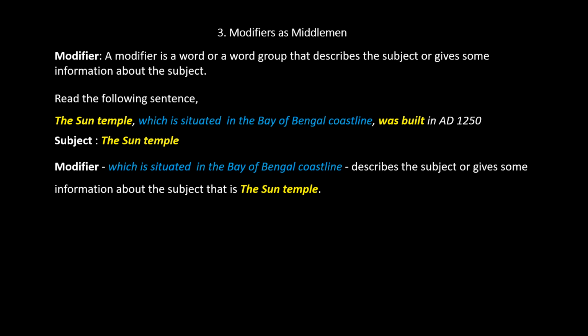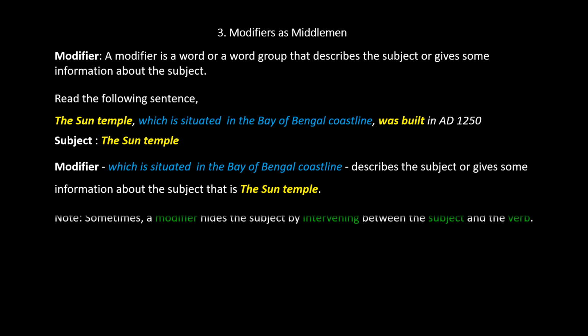Hence, sometimes the modifiers are called middlemen, intervening phrases, or sandwich phrases. Often, the GMAT test makers make the sentences too complex by placing many modifiers between the subject and the verb.